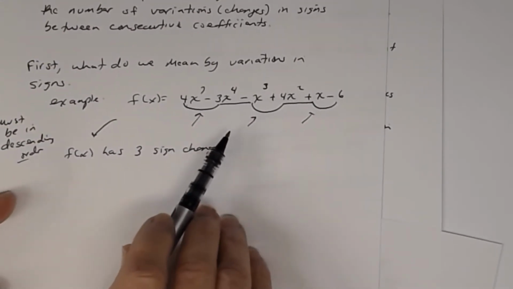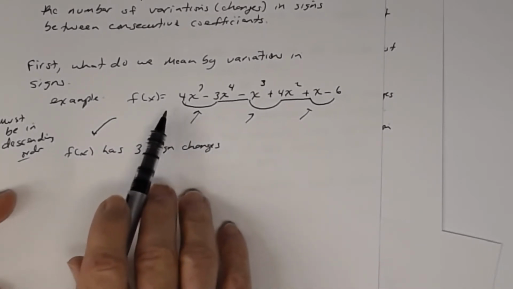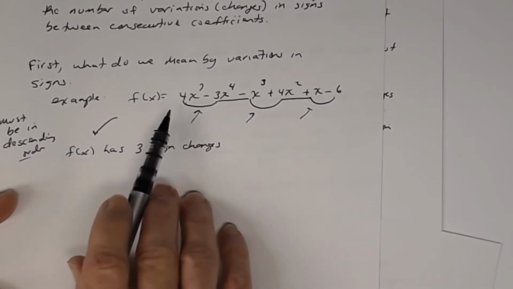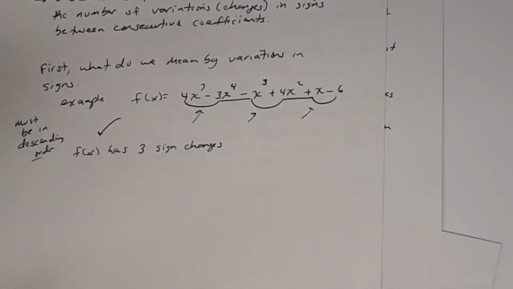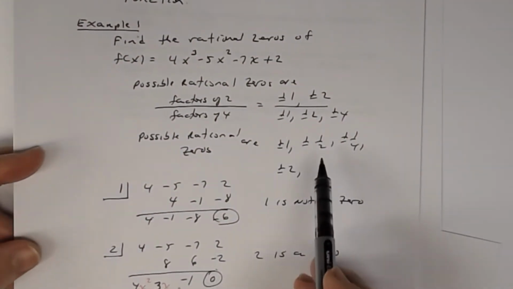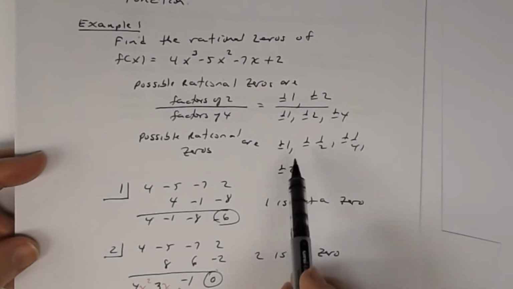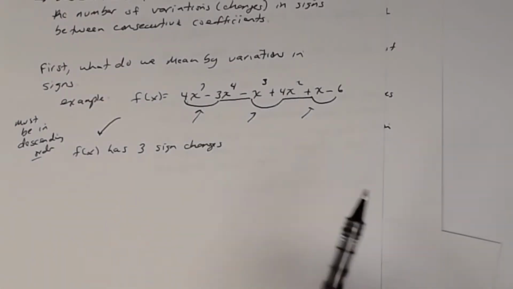So that's the number of positive real zeros that this function can have. Now remember, a real zero can be rational or irrational. Keep that in mind. Okay, rational or irrational. When we use the rational zero theorem, these are all rational numbers. None of them were irrational. Okay, so those are all rational. So always keep that in mind.